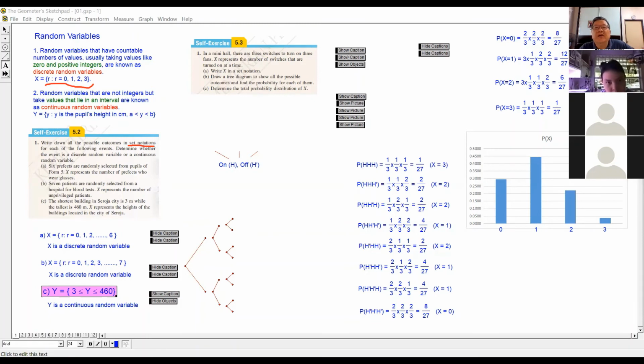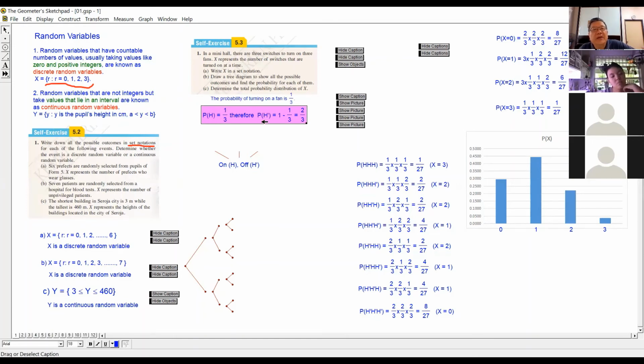Okay, now let's look at the first question. Write down X in a set notation. Now, the probability of turning on a fan is one third. So the probability of the fan on, we call it H, is one third.